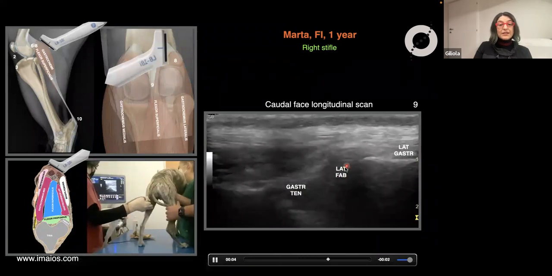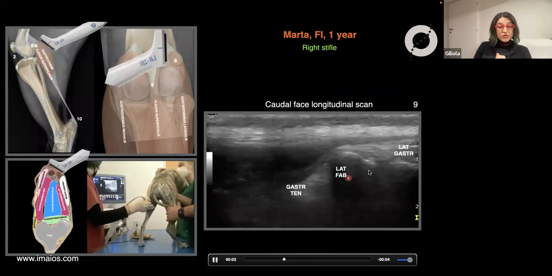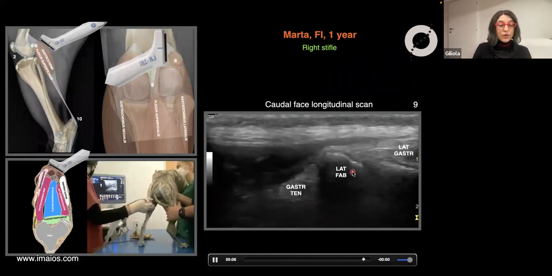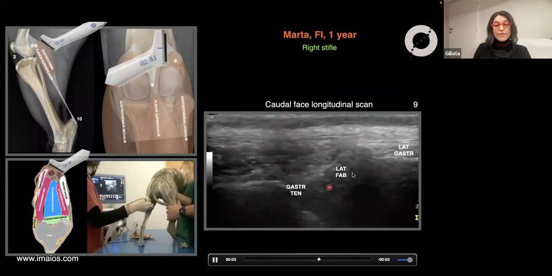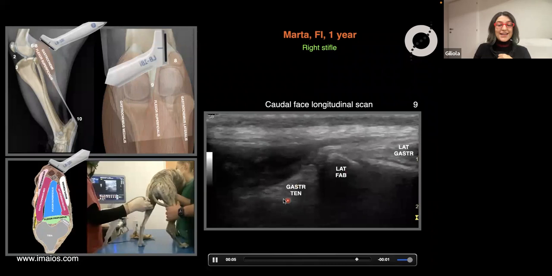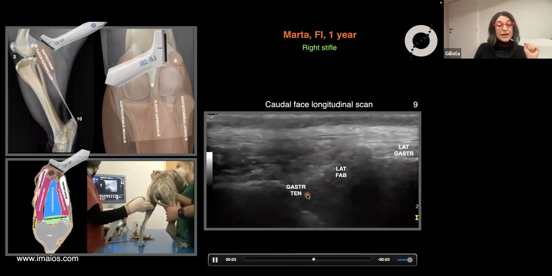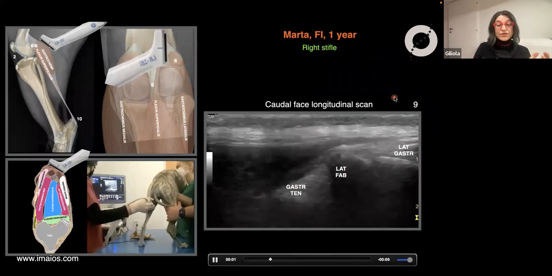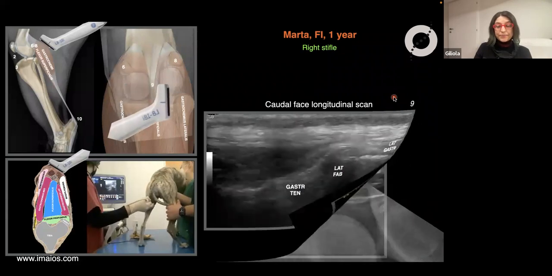This is another site where you really need to be careful when you perform your physical examination, because a lot of patients, for example, that do have TPLO and they are still lame, most of the time are putting too much weight on the insertion of the gastrocnemius, particularly the lateral side, and they're still lame despite a very good and well performed surgical planning.